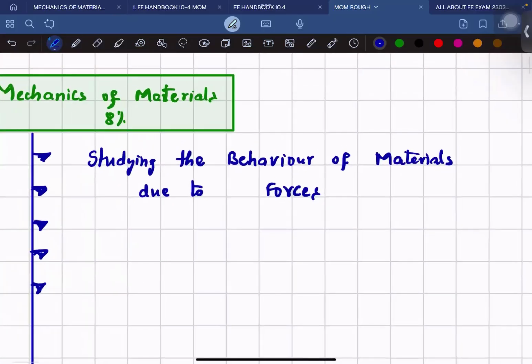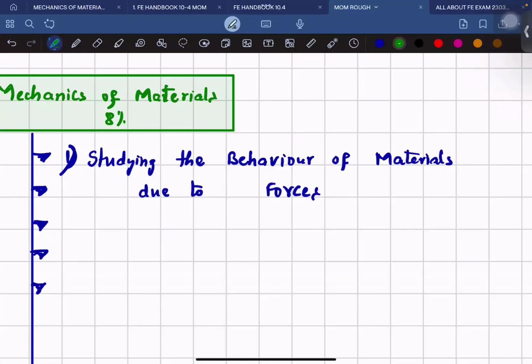Any other answers? Someone want to modify it or enhance it? This is the right answer. I agree with this. It has many other definitions. Yes, please. Physical attributes of materials under external forces or pressure.